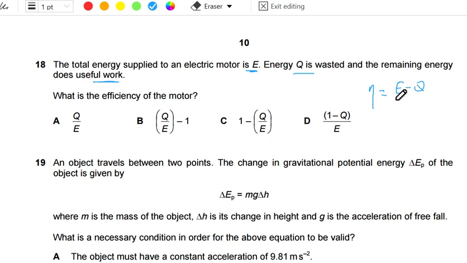So if we need work, we should subtract, E minus Q over E, and it is obvious that the answer would be C.